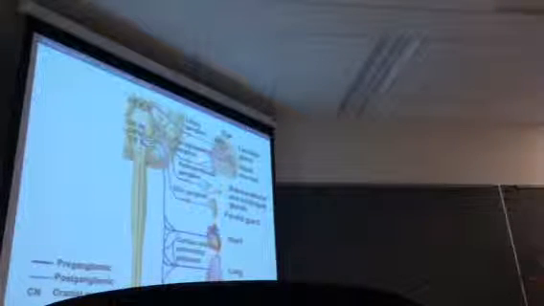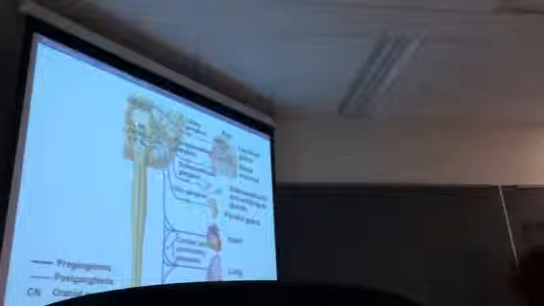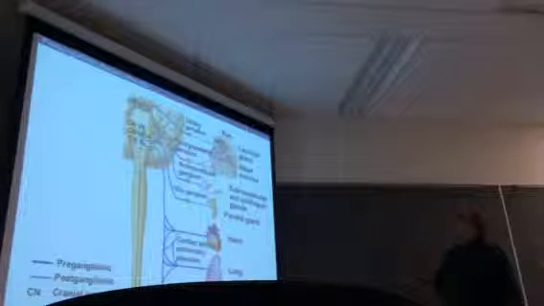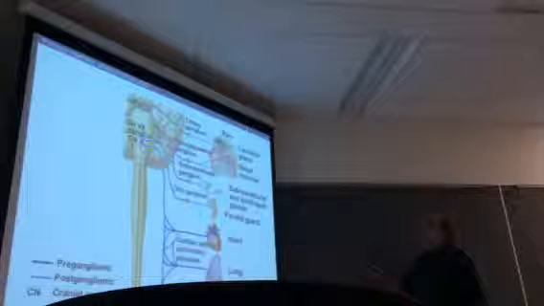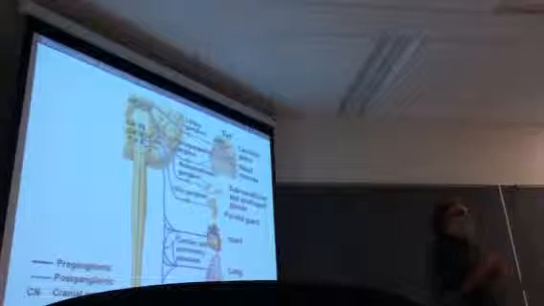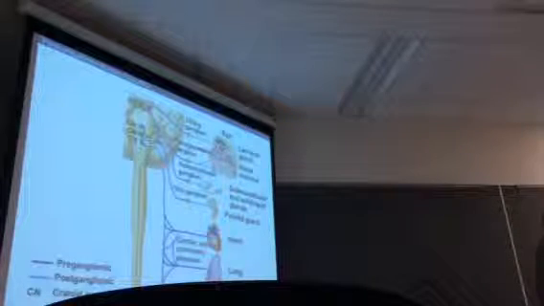Okay? And the other branch synapses with the lacrimal gland. Oh, glandular tissue once again. So when you have this parasympathetic input, cranial nerve 7 to the pterygopalatine ganglion here, that's going to affect your nasal mucosa and your lacrimal gland. So you're crying.